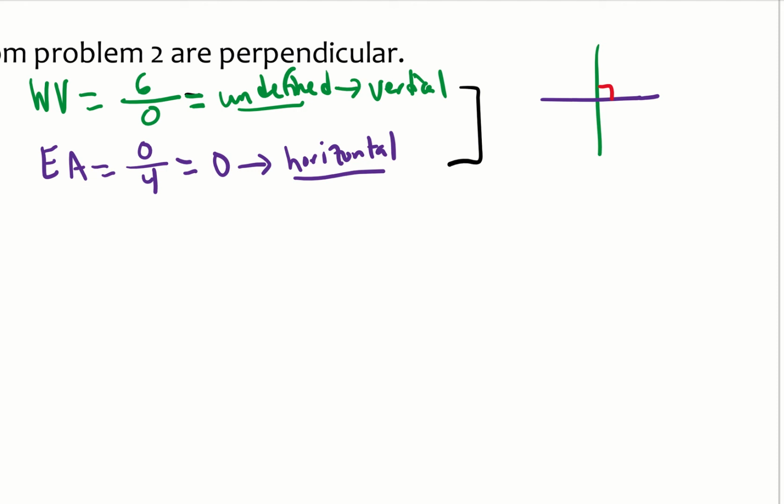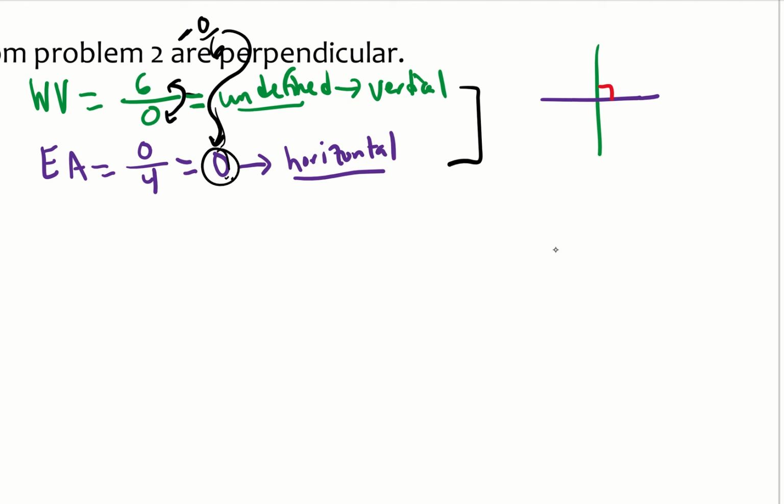In addition, if you were to flip 0 divided by 6, or 6 divided by 0, you would get 0 divided by 6, which is also equal to 0. So if you remember, if you do the reciprocal and the result is an equivalent slope, as well as if you change the sign, so if I change the sign here to -0 divided by 6, I'm still going to get 0 because 0 is neither negative nor positive.